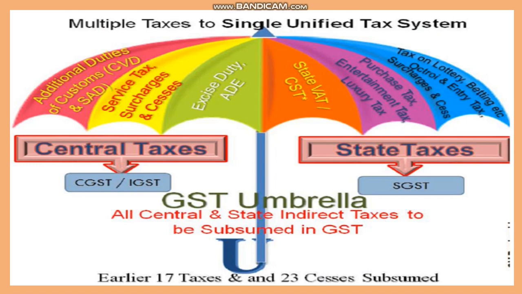This slide clearly explains that GST is pictured as an umbrella. Each rib consists of one of the existing taxes.